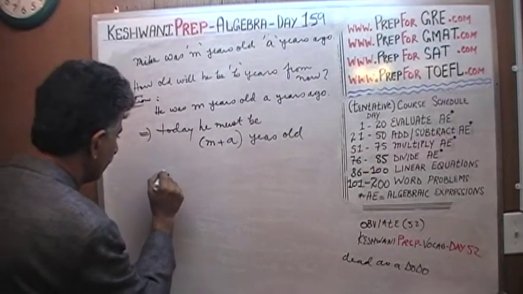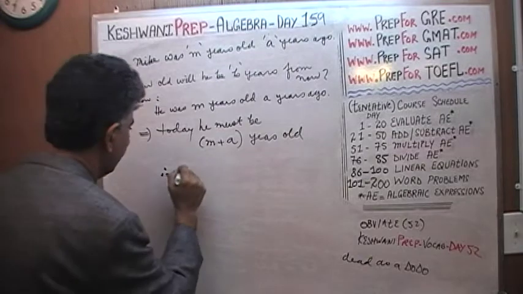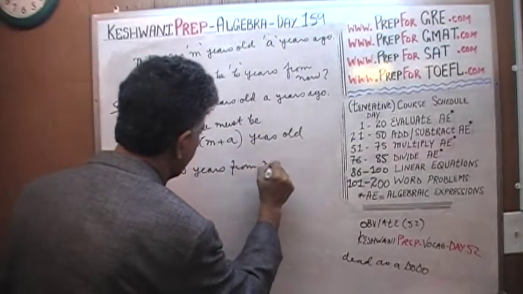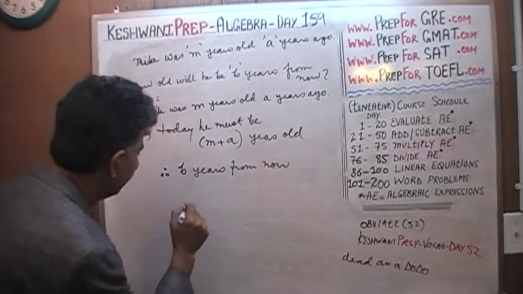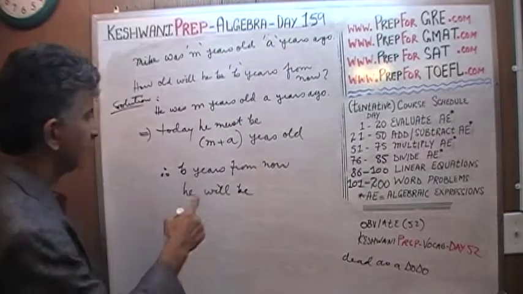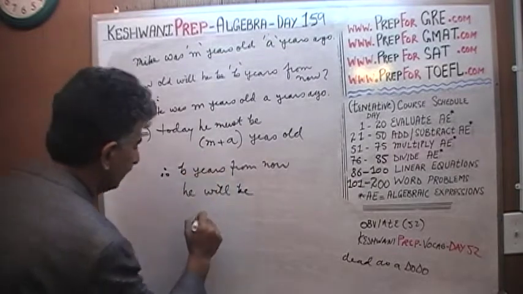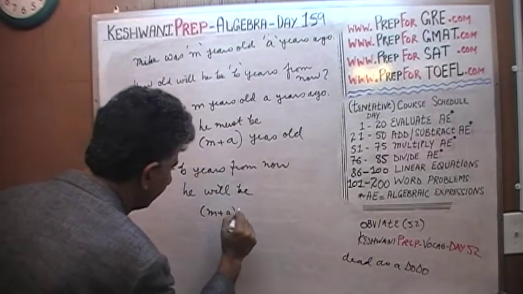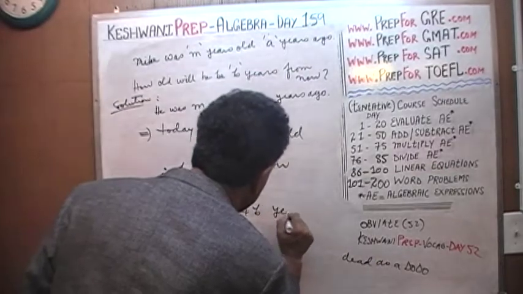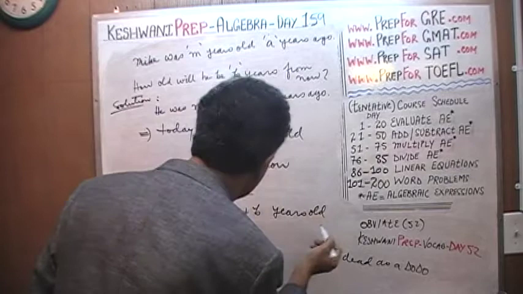Therefore B years from now, he will be, whatever his age is today, M plus A plus B more years old. That's all.